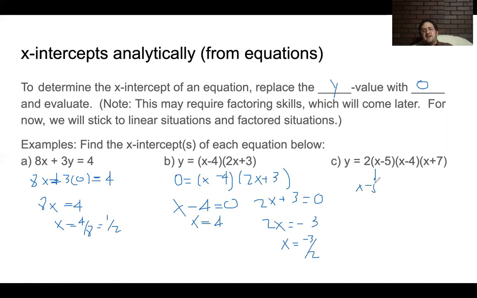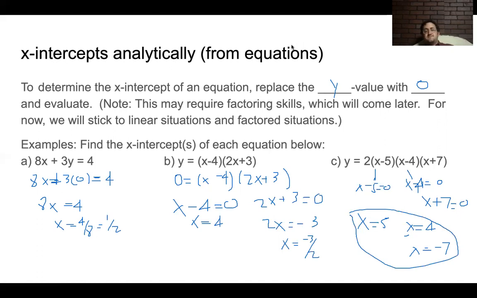So we have x minus 5 equals 0, x minus 4 equals 0, and x plus 7 equals 0. And then that would get you all the zeros.